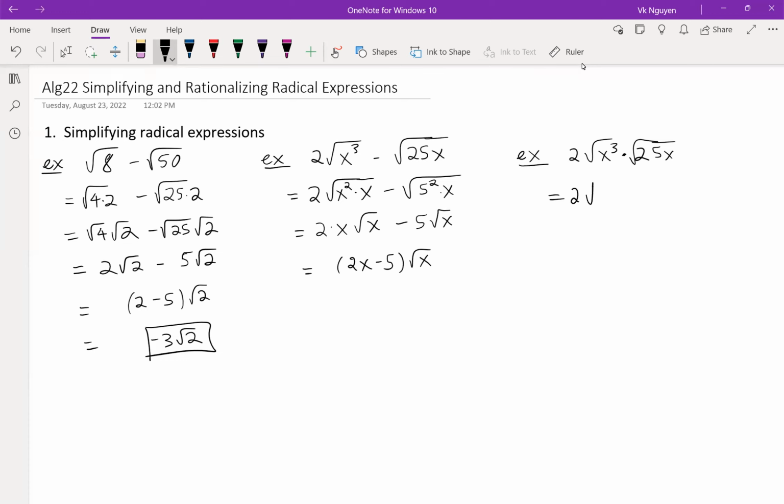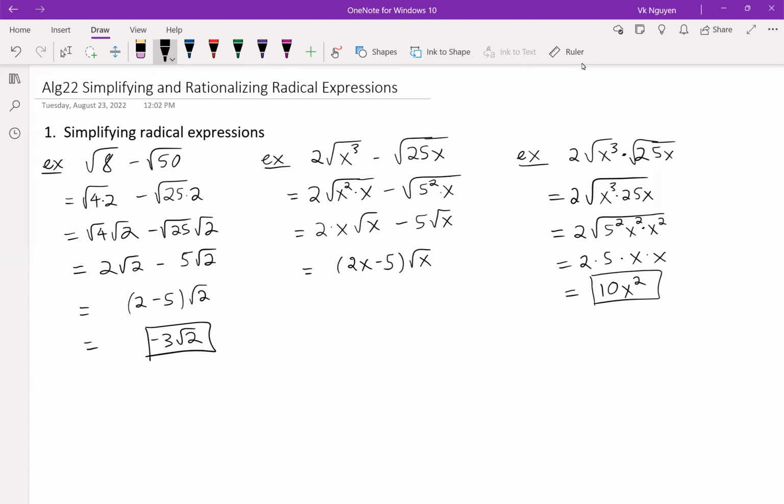So 2 root of x to the 3 times 25x, and we have 2 square root of 25 is 5, x to the 3 times x is x to the 4. The square root gets rid of the square, so we have 2 times 5 times x, which gives us 10x squared. Pretty cool, huh?